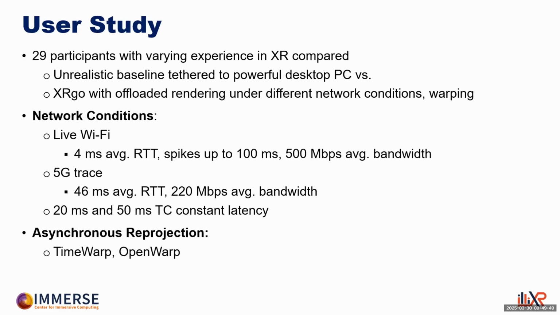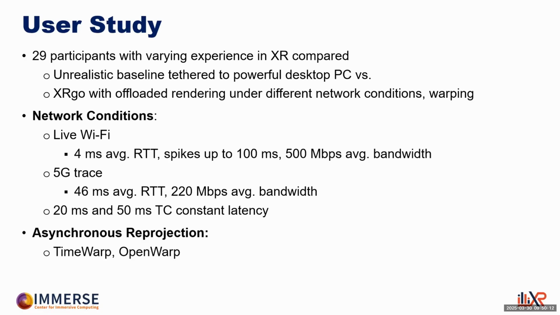And for each network condition, time warp and OpenWarp were also chosen. The network conditions were shown in random order, and in between these network conditions, we would also randomly select time warp and OpenWarp. And we would also randomly put in local rendering on the Jetson between these permutations.